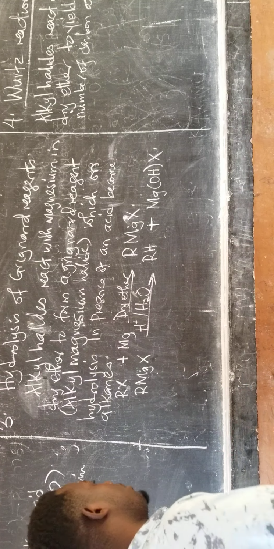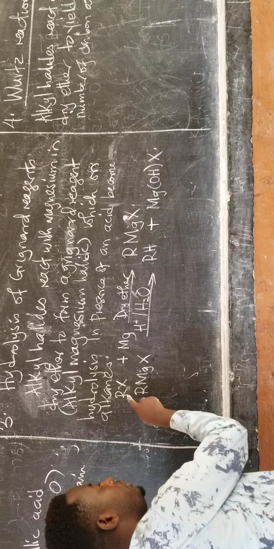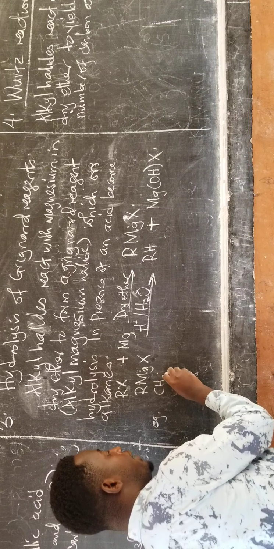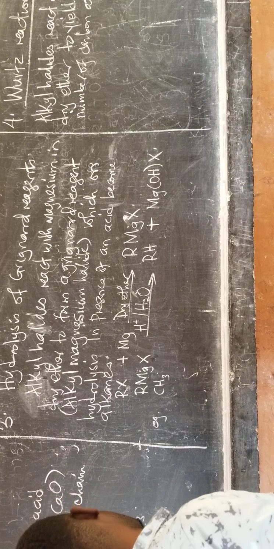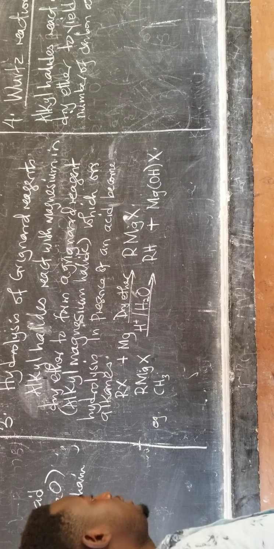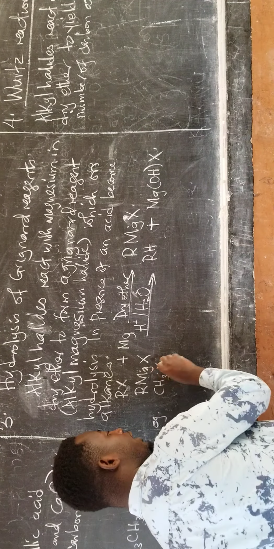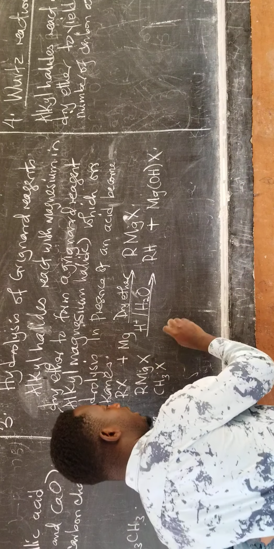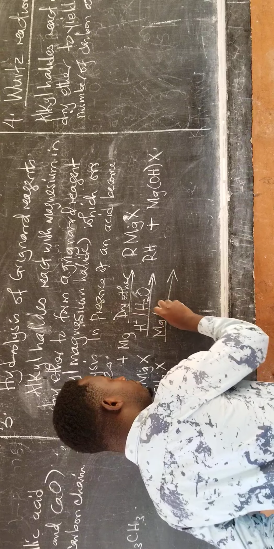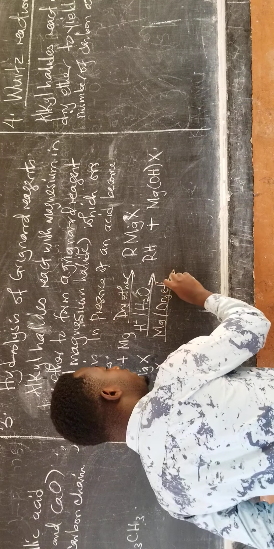And a clear example, e.g., if my R is CH3. Last time my R was CH3CH2. This time it can be just CH3X, and I'm saying I am adding magnesium in presence of dry ether.